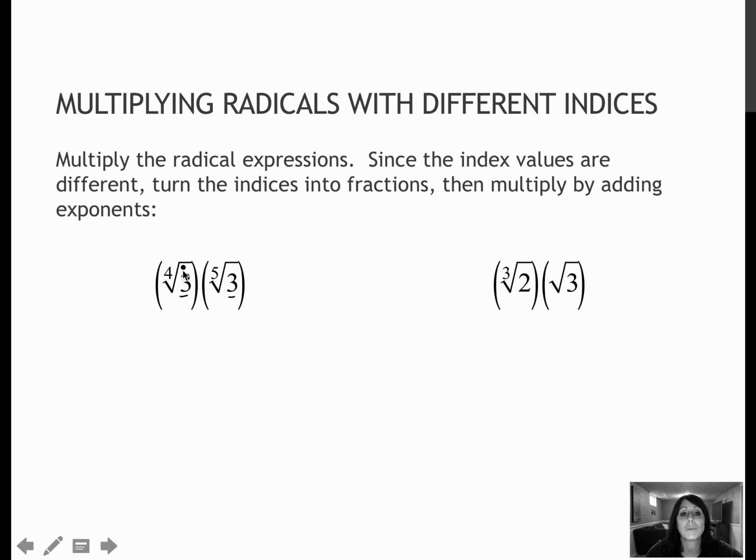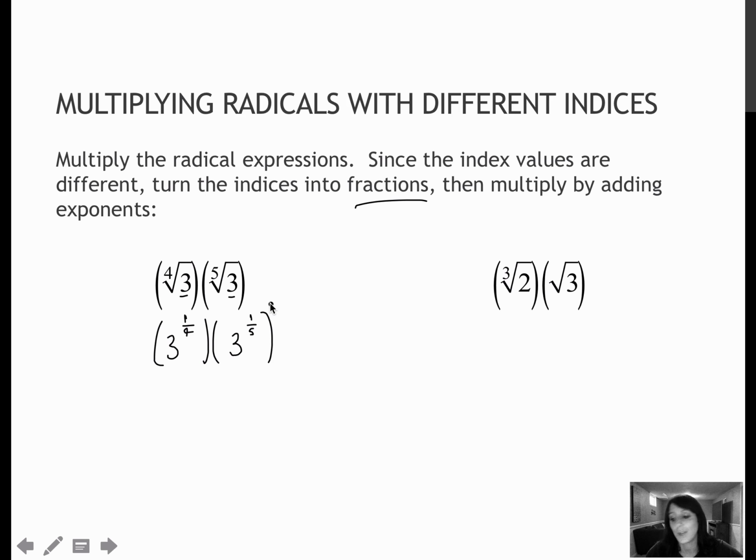I would just simply rewrite the fourth root of 3 as 3 to the 1/4. Remember, when we write them as fractions, the numerator is the exponent and the denominator is the index. So I would take 3 to the 1/4 times 3 to the 1/5. Now we know when we're working with exponents that when we have the same base, we can simply add those exponents together.